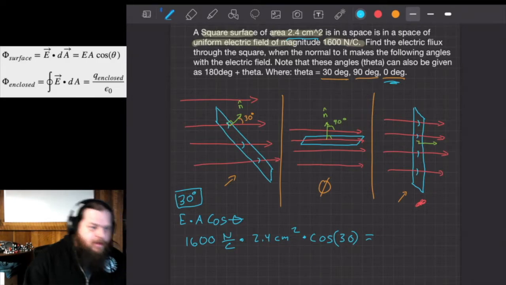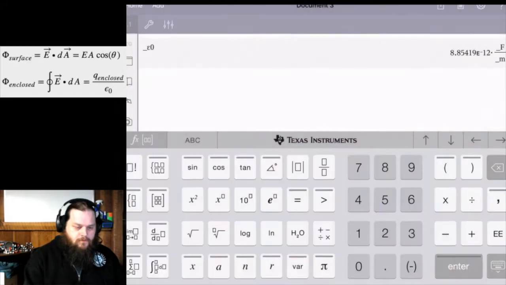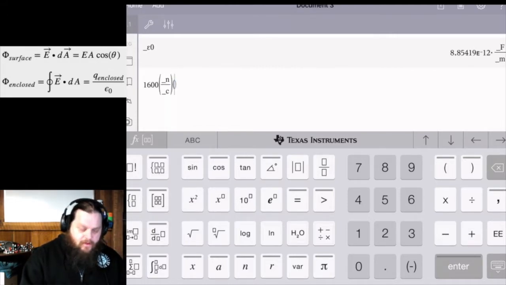If we plug that into our calculator, that's 1600 newtons per coulomb times 0.0024, that's meters squared, cosine of 30 degrees.